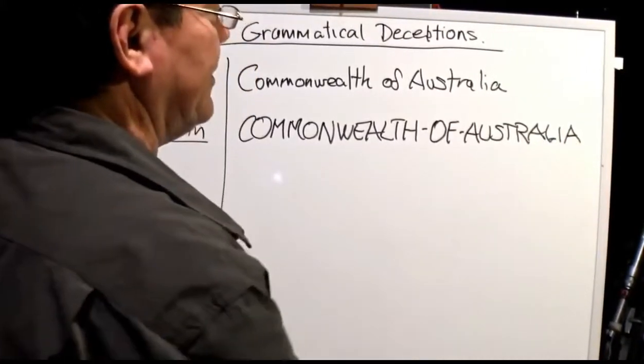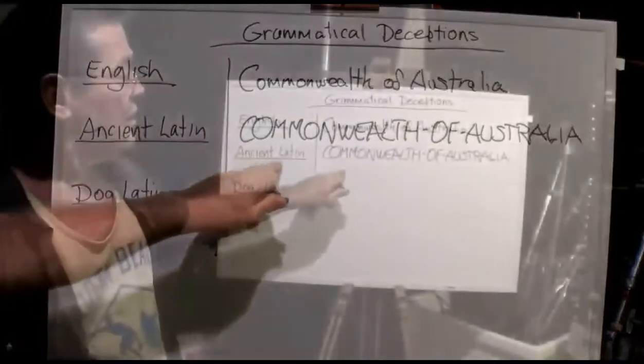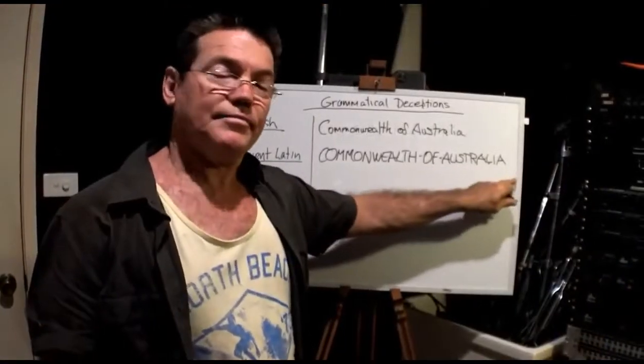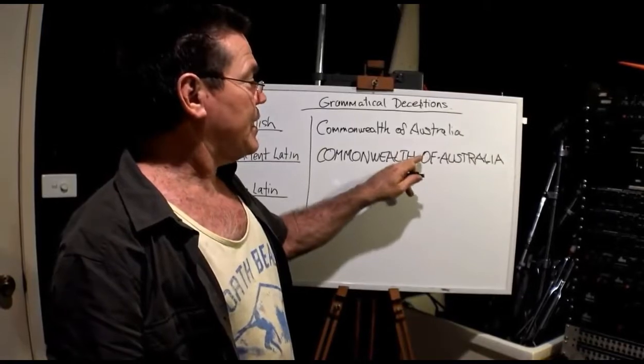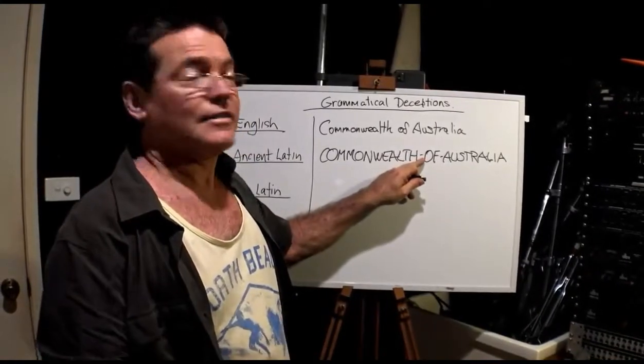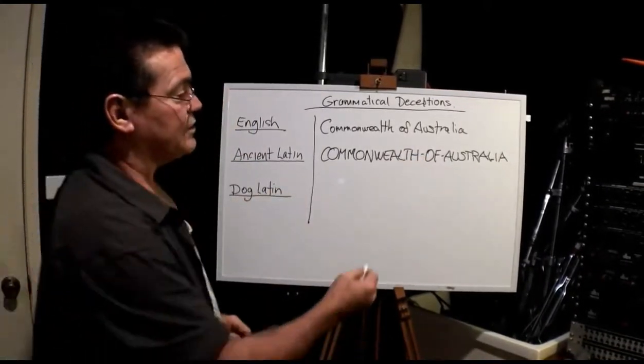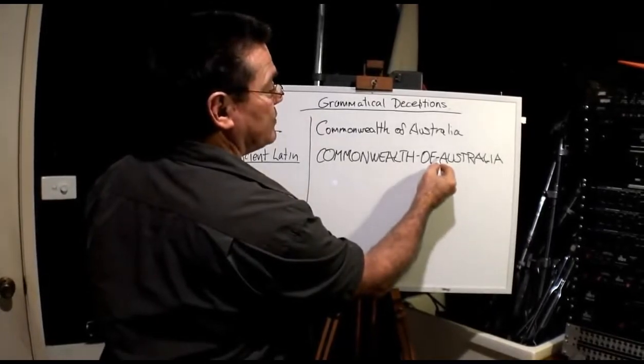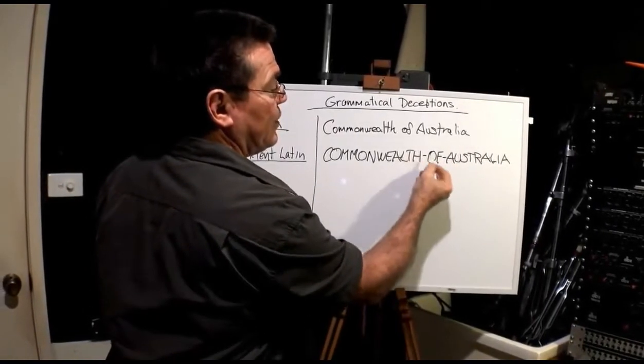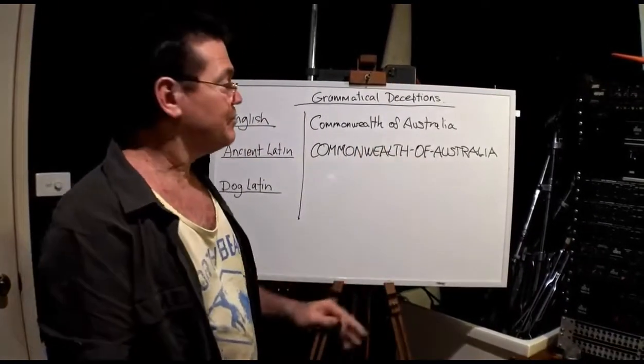So that's an L there. Commonwealth of Australia, written in an ancient Latin style text. And we have here the 2 hyphens in between the 3 words.